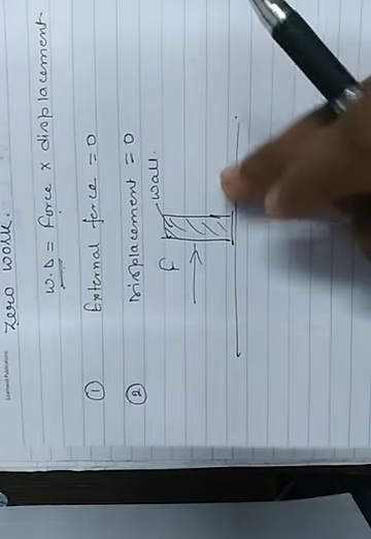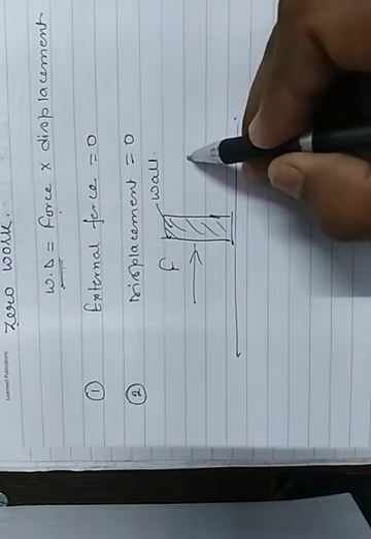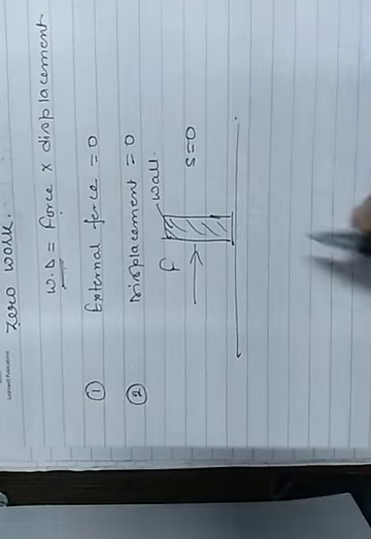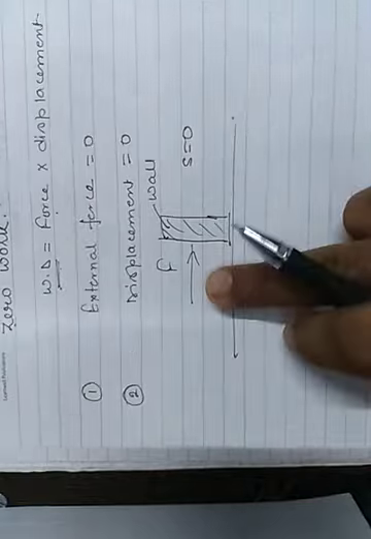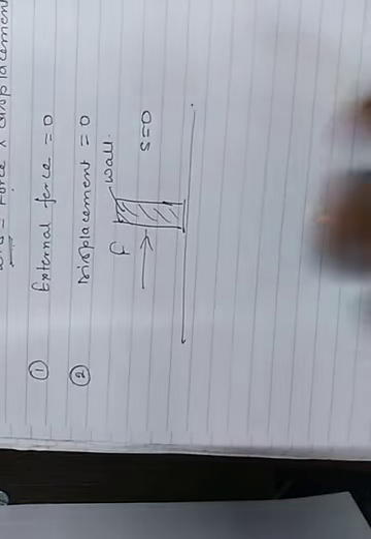This wall will not move from its position. So we will say that displacement is zero. So if displacement is zero, the work done will also be zero.